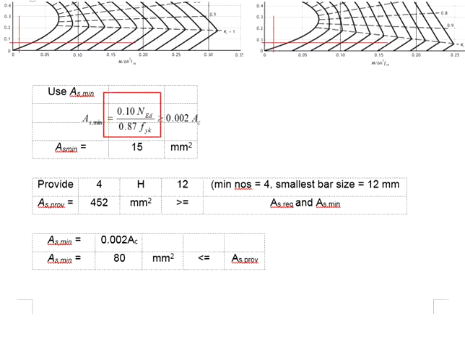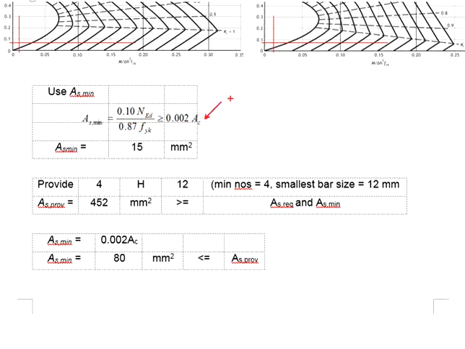Substitute those values, and you will need to make sure that whatever value computed here, it will be at least 0.002 area of the column. That means you are checking two values in order for you to get the As min.